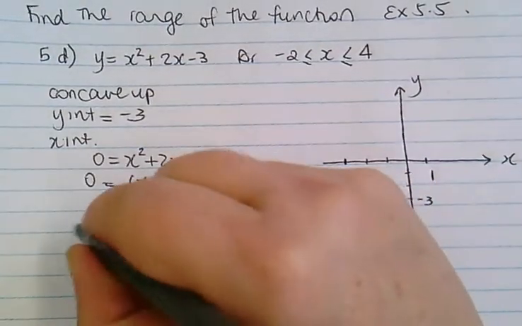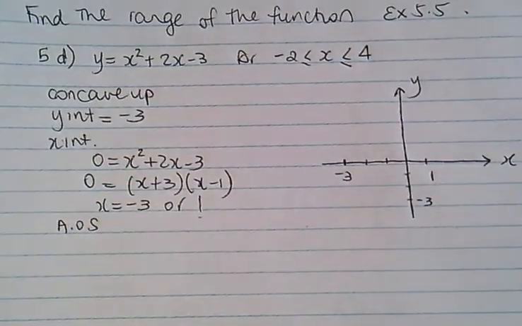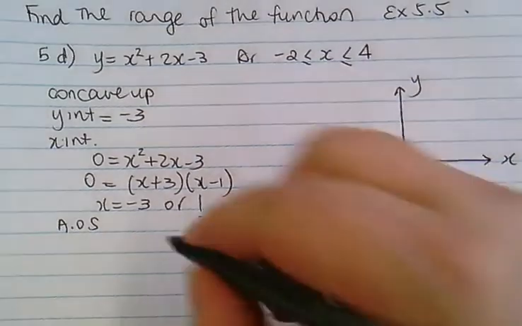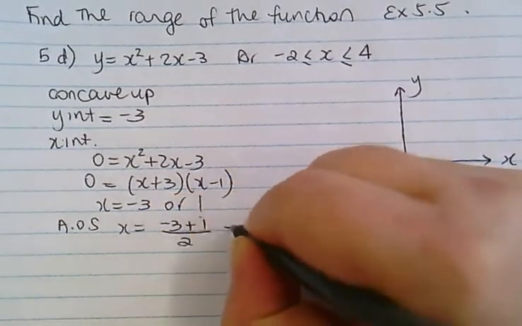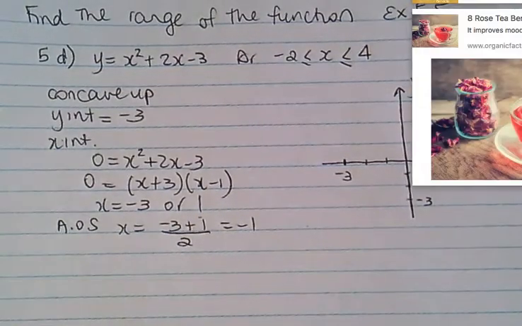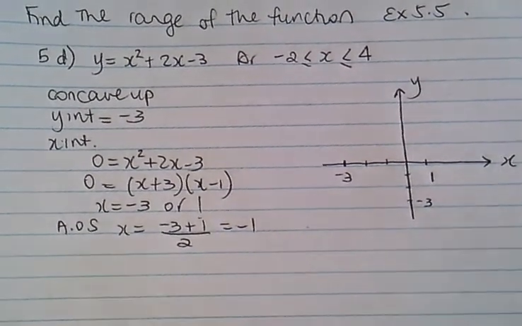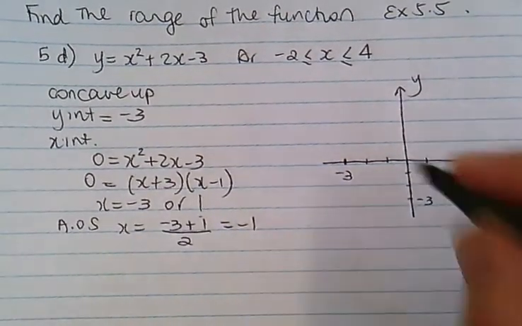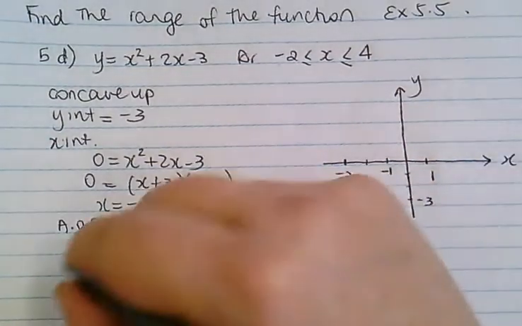The vertex. So the axis of symmetry lies halfway between -3 and 1. So it's at x equals (-3 plus 1) over 2, which is -2 over 2, which is -1. So the axis of symmetry is where x equals -1.